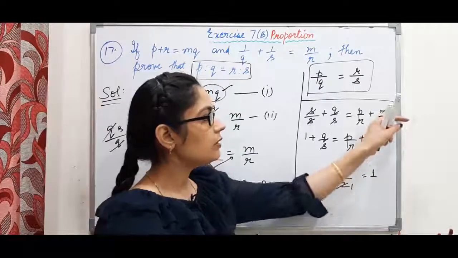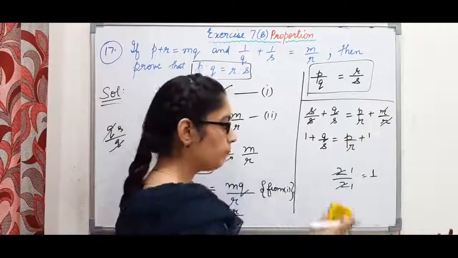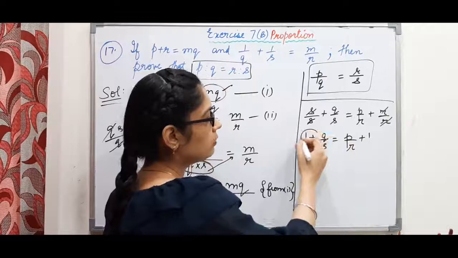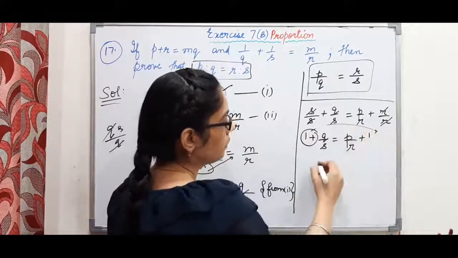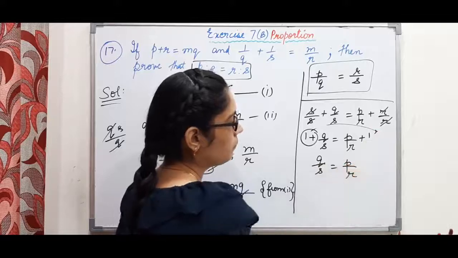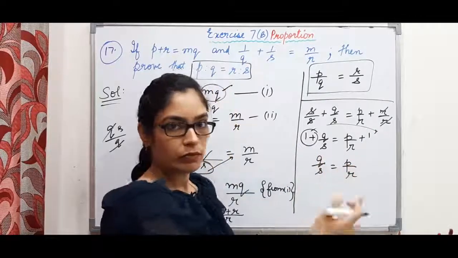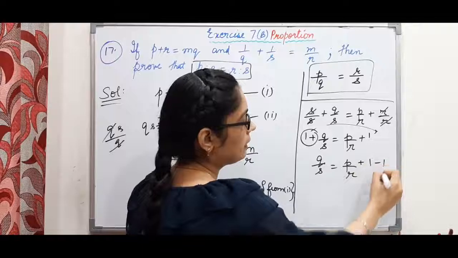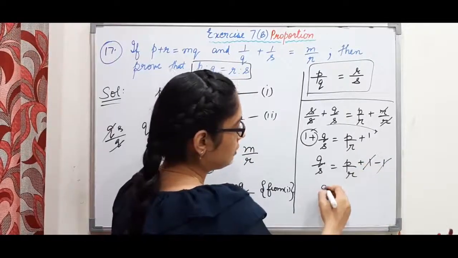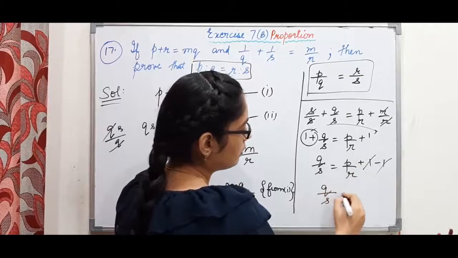If these are alphabets, we do the same thing. Now this 1 you can shift to the other side. So Q by S is equals to P by R plus 1, and when we shift it to the other side it changes to minus 1.